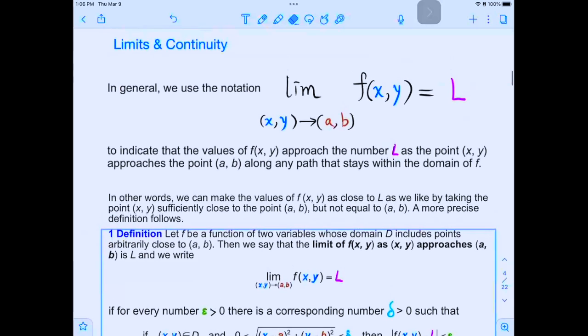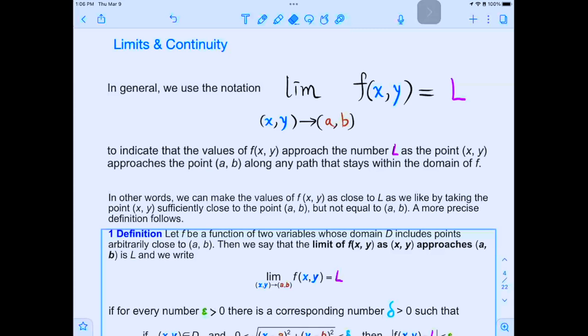Now, what is this notation over here? Well, this notation is still the notation for the limit.